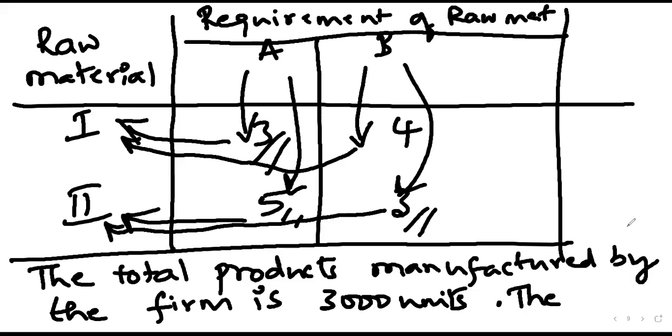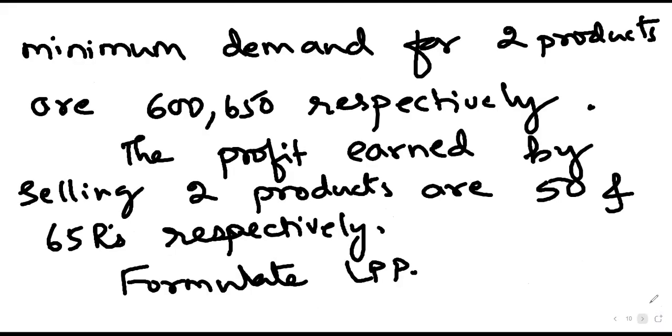Now, what is given is that the company manufactures a total of 3,000 units, product A and product B put together. And the minimum demand in the market for the two products is 600 and 650.